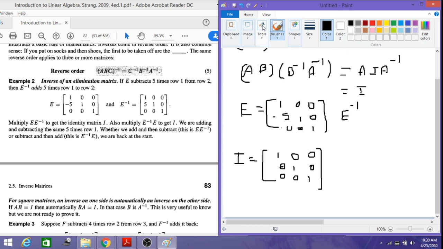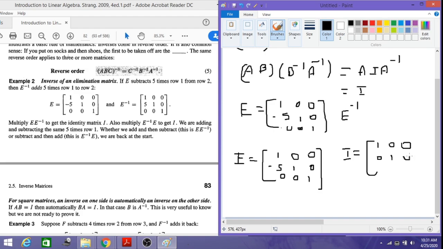That is how I got my minus 5 here. Now it is a reverse process, so rather than subtracting, I'll get 5 here. So rather than subtracting, for the same identity matrix we have to add it. So we have an identity matrix, 1 0 0.